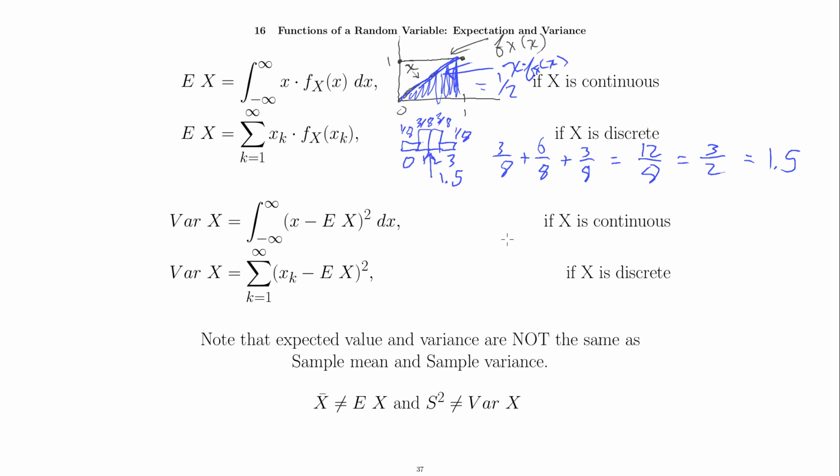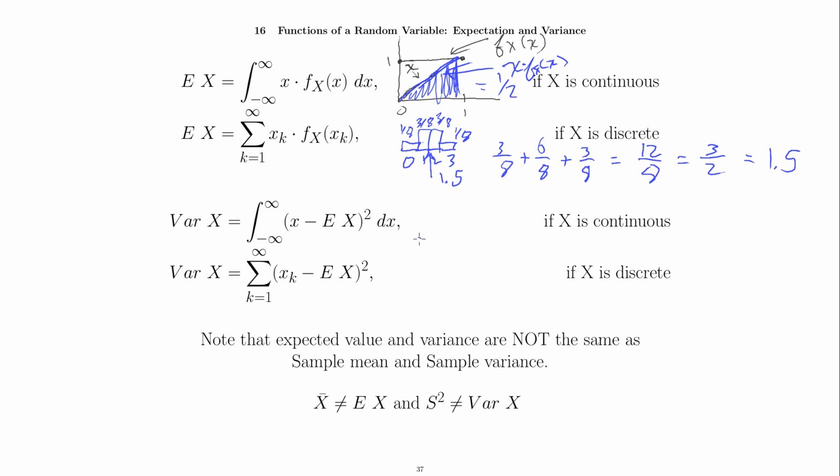Variance, I'm not going to work out an example, but again it's similar. It basically says I'm going to take the integral from minus infinity to infinity of the expected value that we had here subtracted from each one of the values and squared.